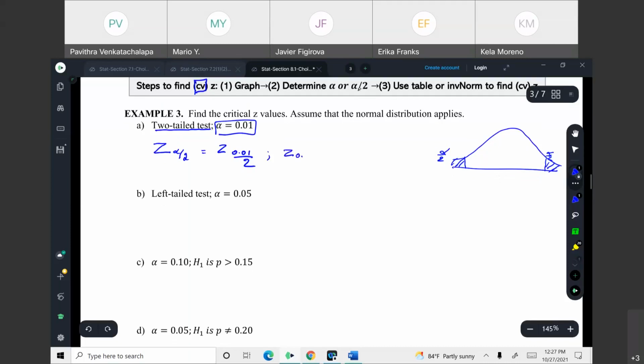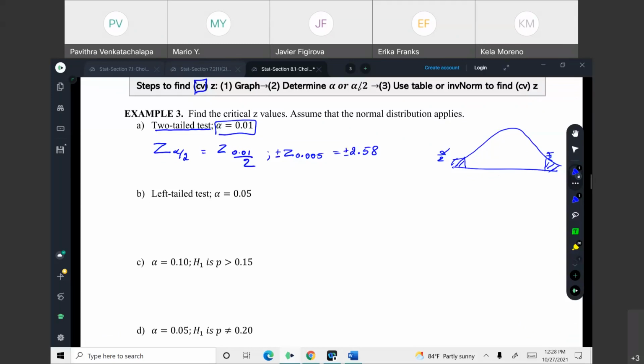Z 0.005 will be equal to 2.58. This could be positive or negative. Even if you calculate negative Z 0.005, you will get negative 2.58. You will have the same value, but a different sign.